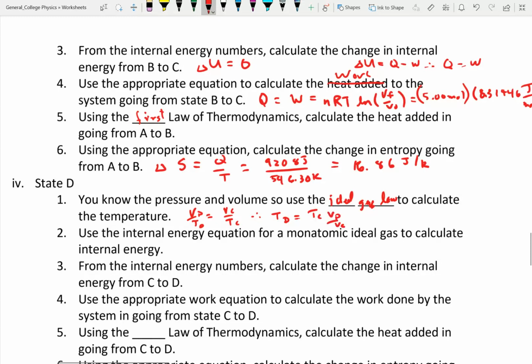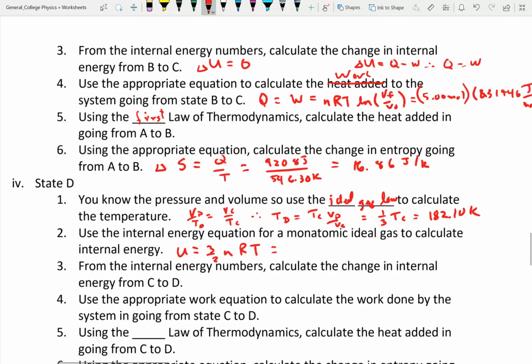Well, volume D is 1/3 of volume C. So it's 1/3 temperature C, which is 182.10 kelvins. Now use the equation U is equal to 3/2 nRT.